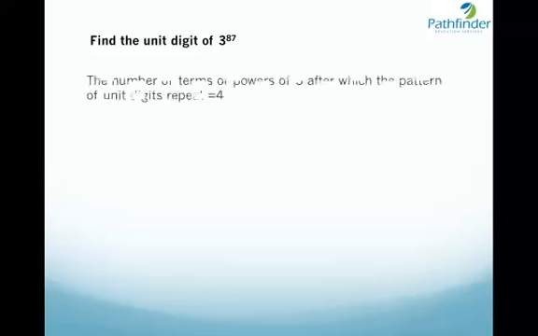Let us solve a few questions based on our pattern method. Find the unit digit of 3 to the power 87. The first thing is, we should remember that the pattern of 3 repeats after every 4 terms. So the number of powers of 3 after which the pattern of unit digit repeats is equal to 4.